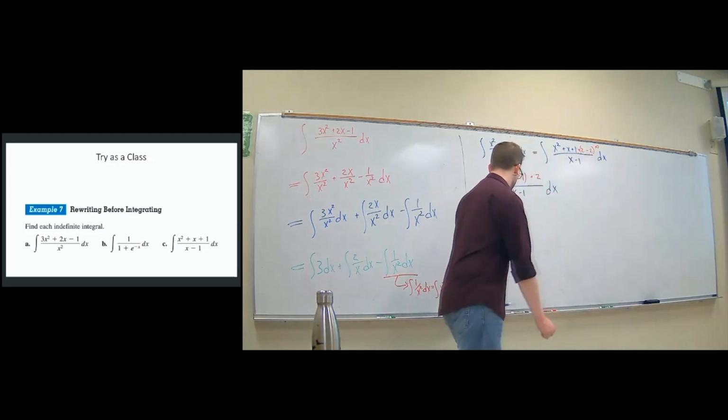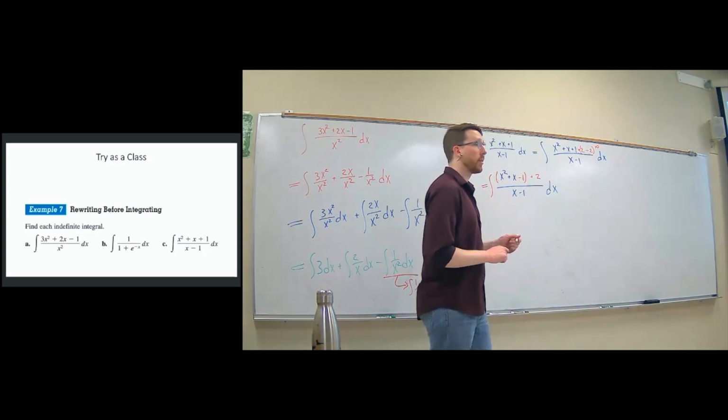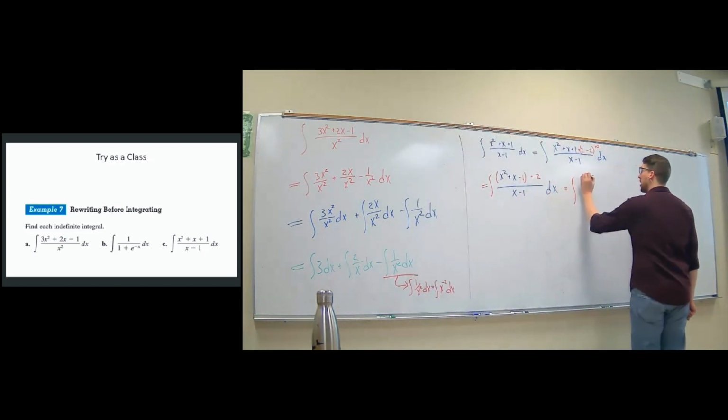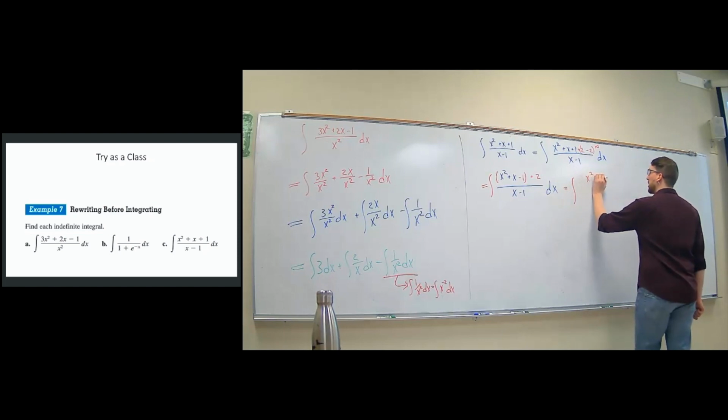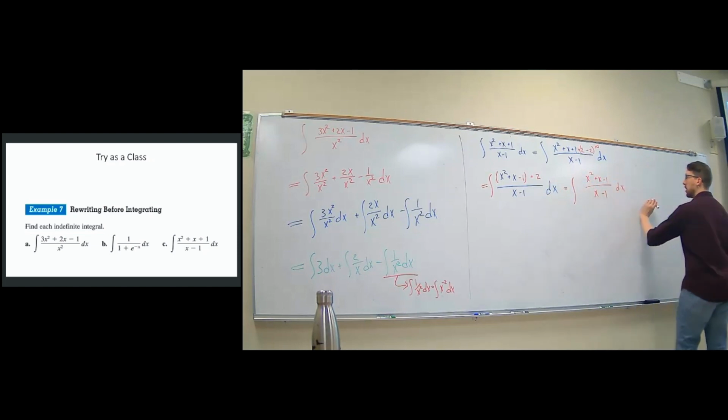Now we're going to break this up into 2 different fractions: the integral of x squared plus x minus 1 divided by x minus 1 dx, plus 2 over x minus 1.